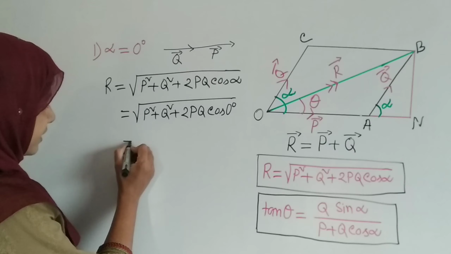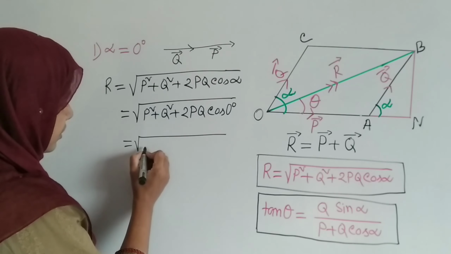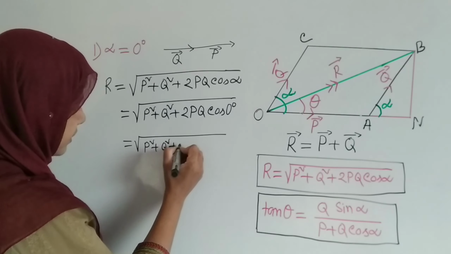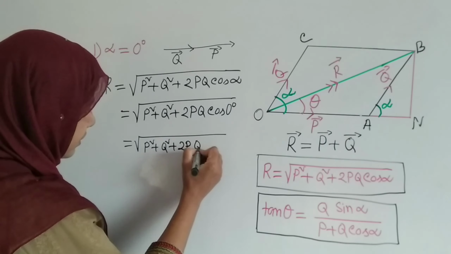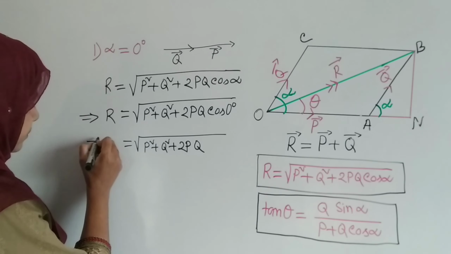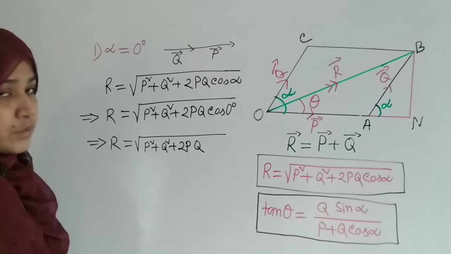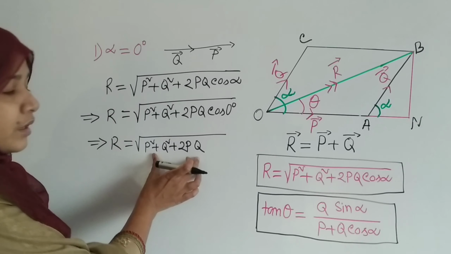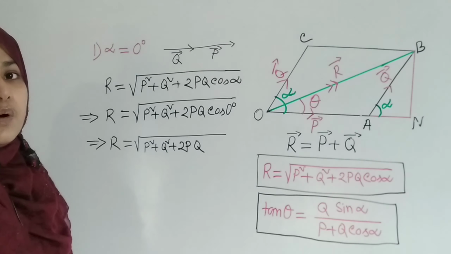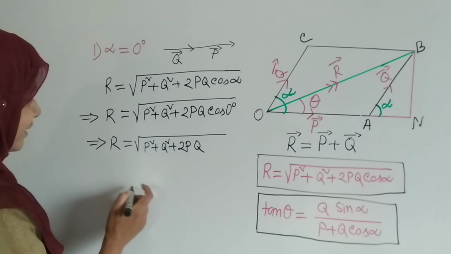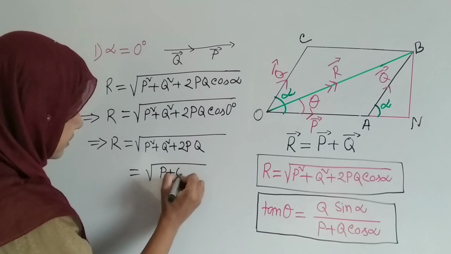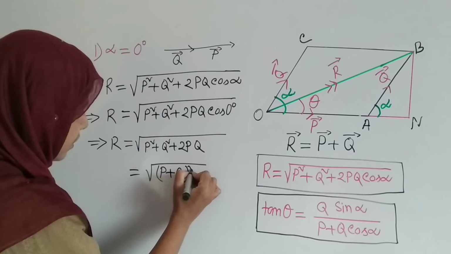So we can write P square plus Q square plus 2PQ. It's the equation of a plus b whole square. So instead of it we can write root over P plus Q whole square.